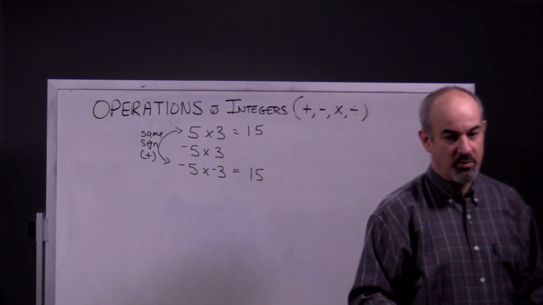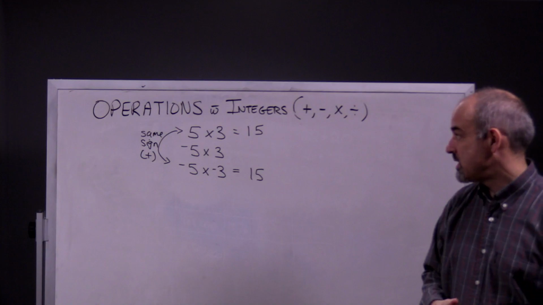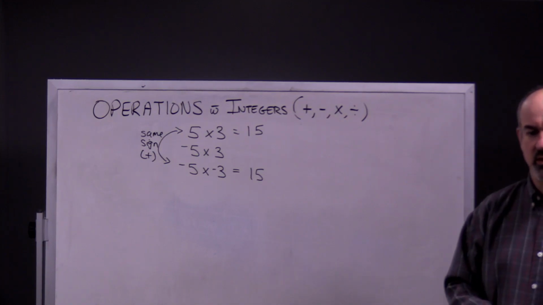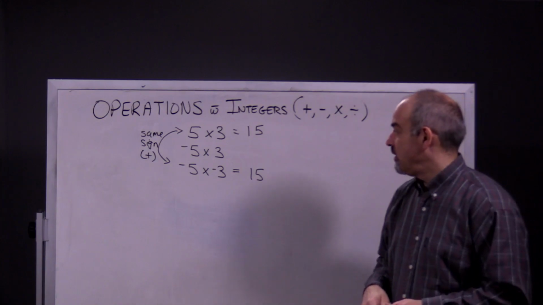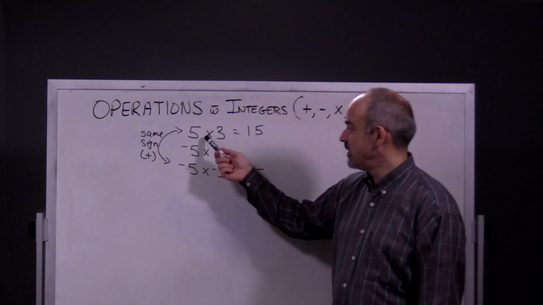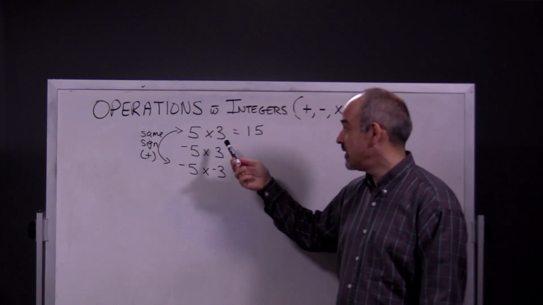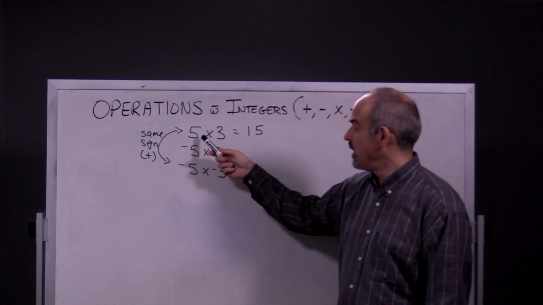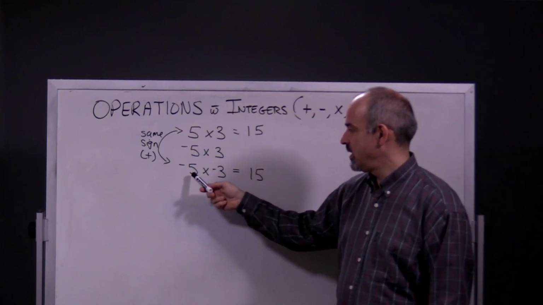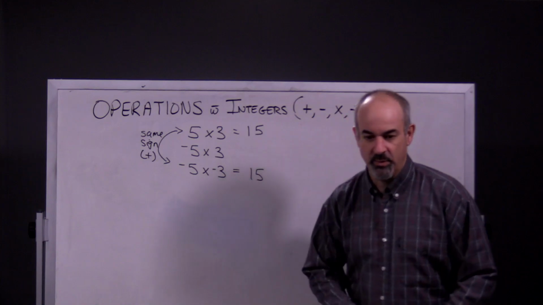So if two numbers have the same sign, S-I-G-N, same parity, I guess you could call it too, if parity just means negative or positive. It can mean other things too, but in this example it means that. So if they're both positive, the answer will be positive. If they're both negative, the answer will be positive.